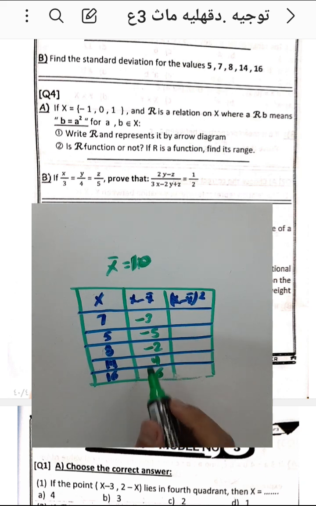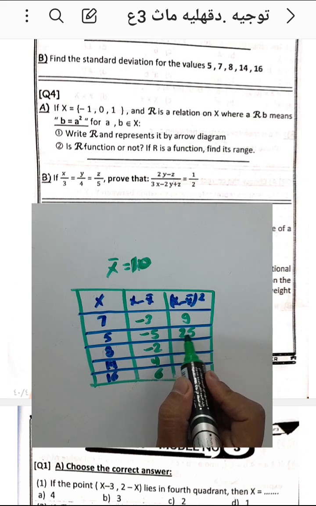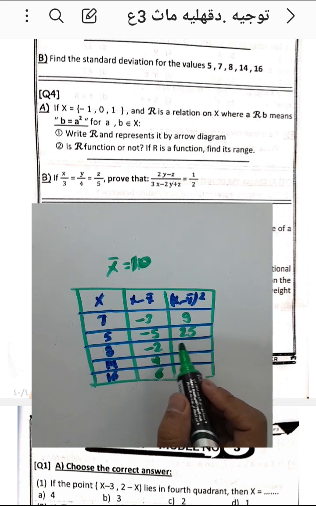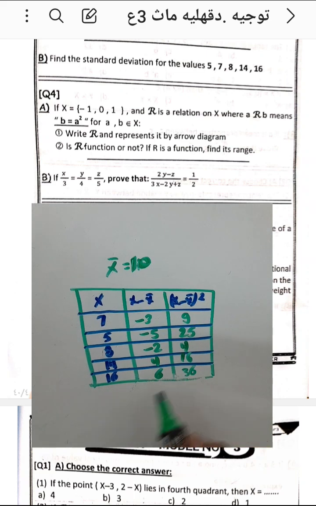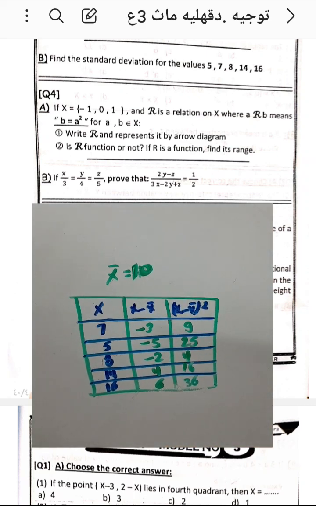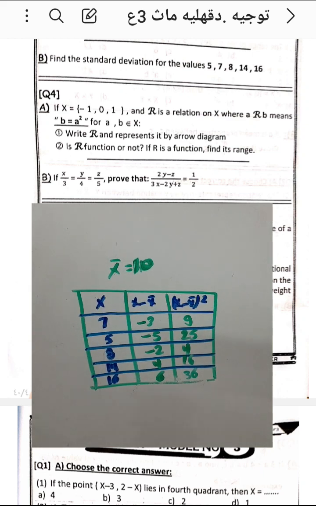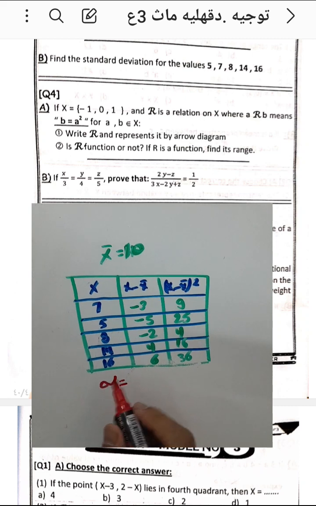And then negative 3 power 2 is 9. Negative 5 power 2 is 25. Negative 2 power 2 is 4. 4 power 2 is 16. 6 power 2 is 36. And then we can write here sigma. This sign relates to standard deviation.